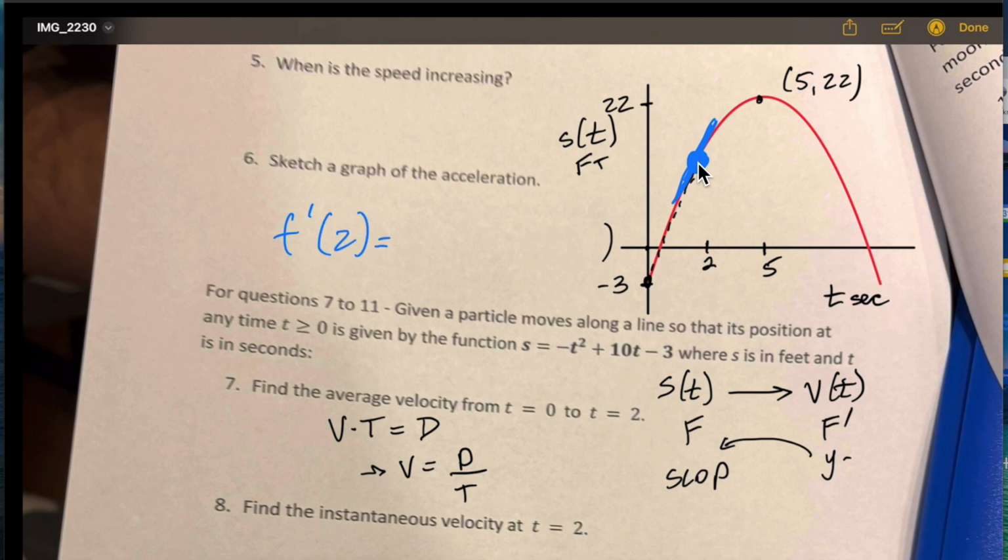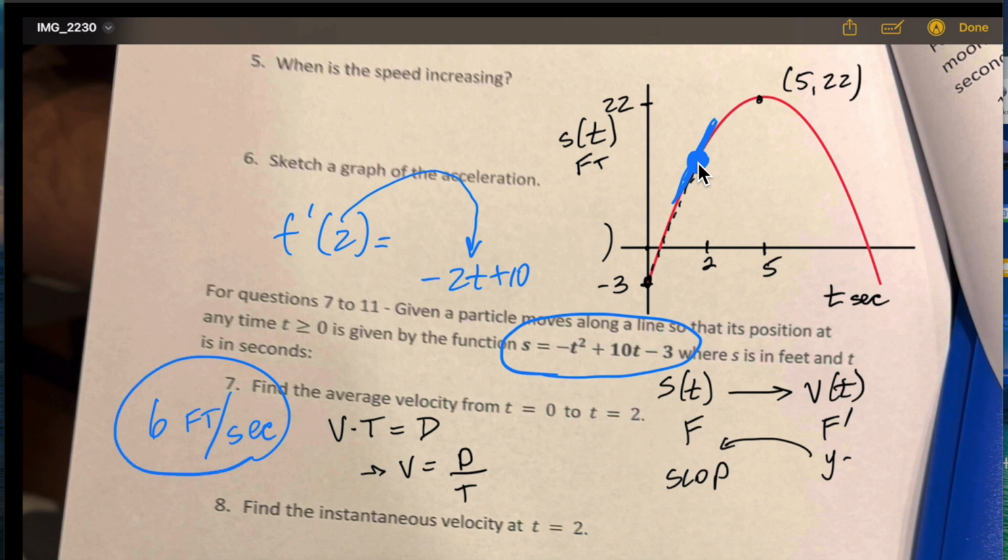So the derivative of the original function here is going to be negative 2t plus 10, and we're going to go ahead and plug that right in, and when we do that, we get the instantaneous velocity is 6, therefore it is 6 feet per second, and that is the answer to this question.